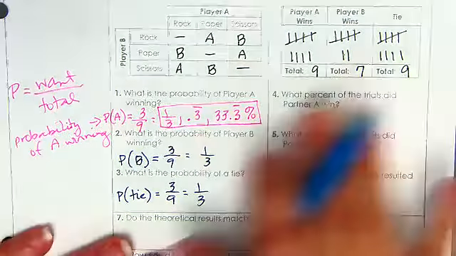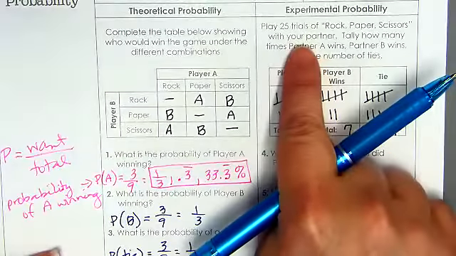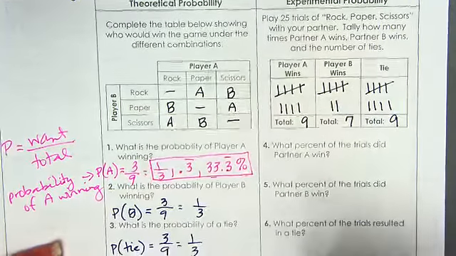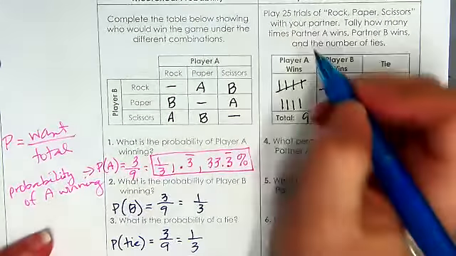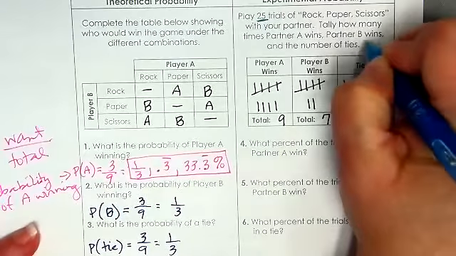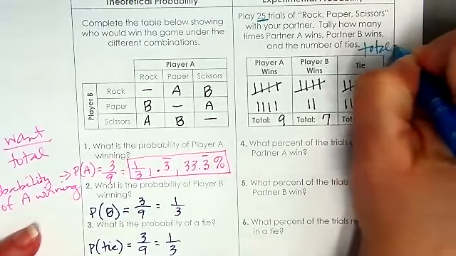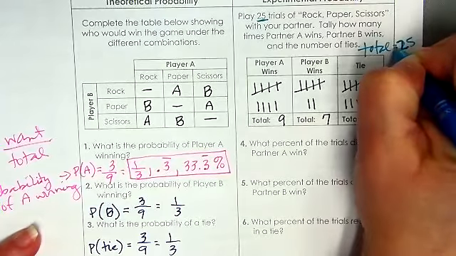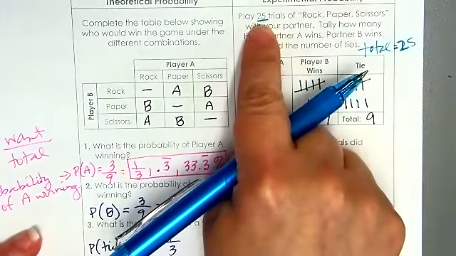Okay, so we had a pair of people, partner A and partner B, and they did 25 trials of playing the game. So that means my total is 25, because we did 25 trials.